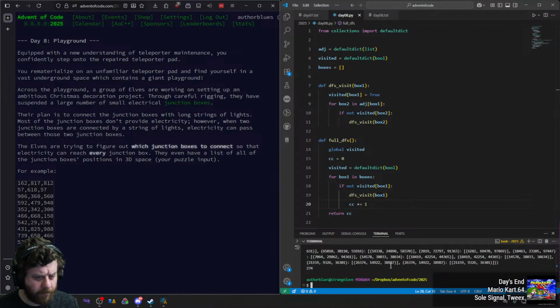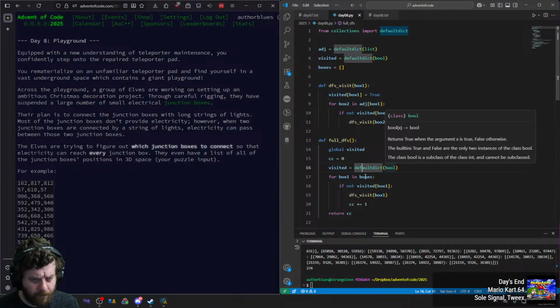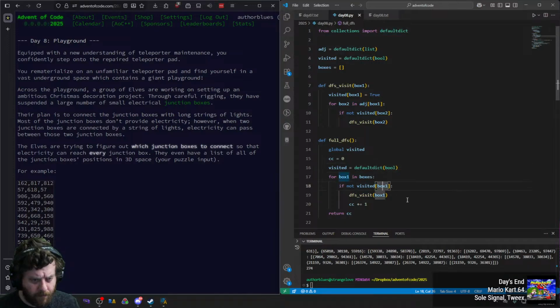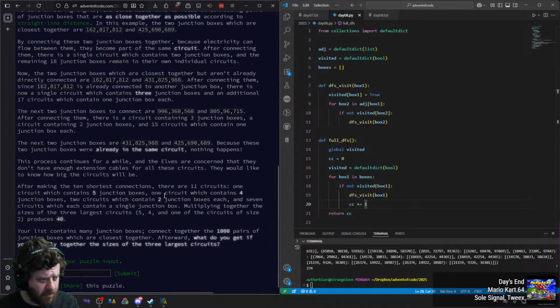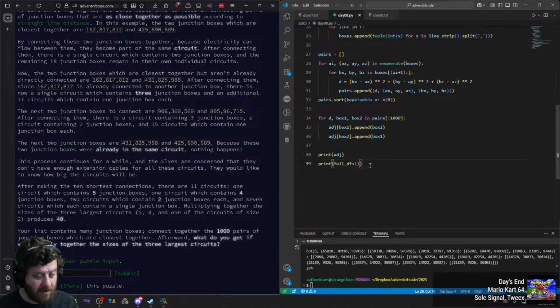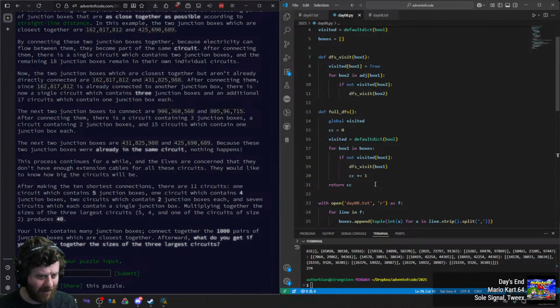Why would that not work? Every time I initiate a new call to DFS visit, I increment my connected component counter. Because I'm just counting number of connected components after all these connections, right? Oh, no, that's not the whole problem. That's counting the number of connected components. I don't need the number of connected components. I need the product of the 3 largest components.